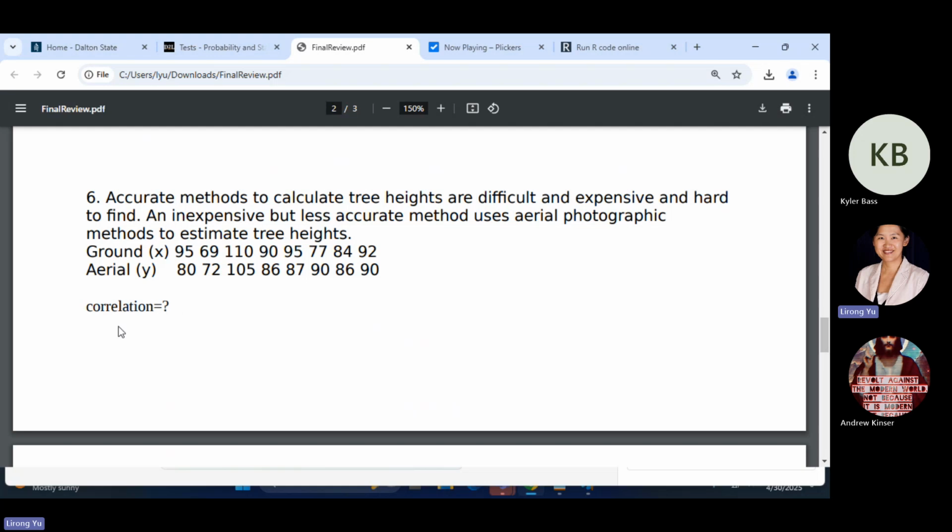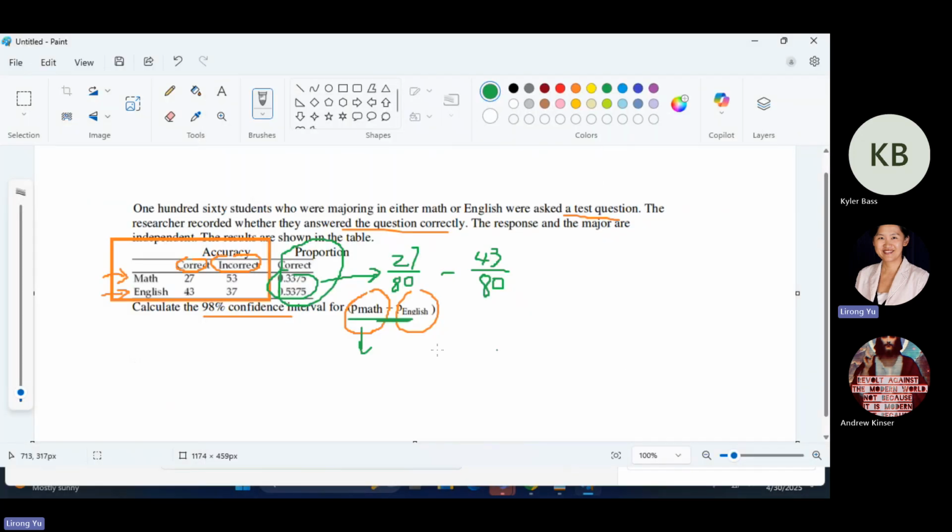This is a question calculating correlation. I think I mentioned the formula there, but we'll skip it. The correlation between two quantitative variables is rho.